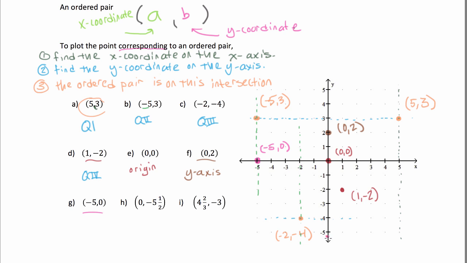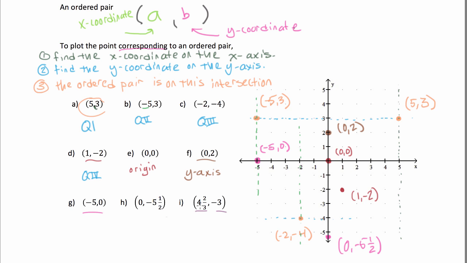So right here. The nice thing about this is you just make a nice dot there, and I don't know whether that dot is exactly perfectly on negative 5 halves, but I'm just going to label it 0, negative 5 halves, and that's good enough, as long as it's around the right area. 4 2/3, negative 3. My x-coordinate is 4 2/3.